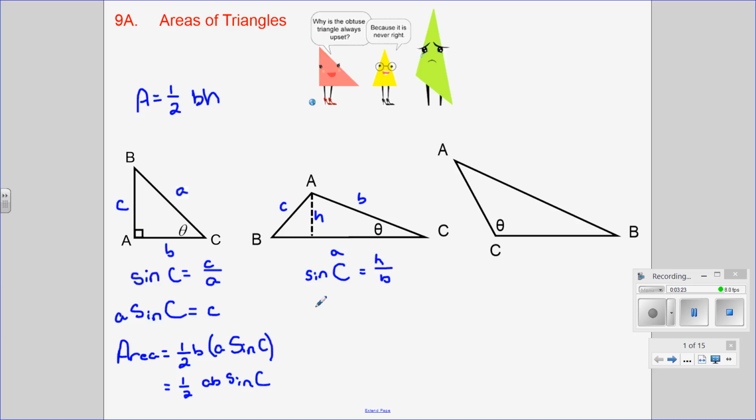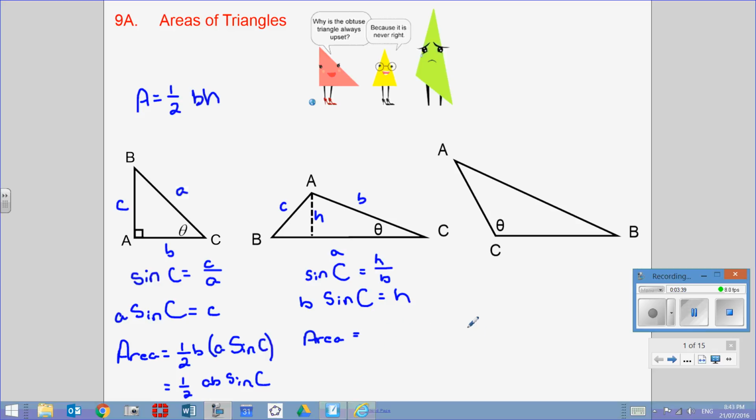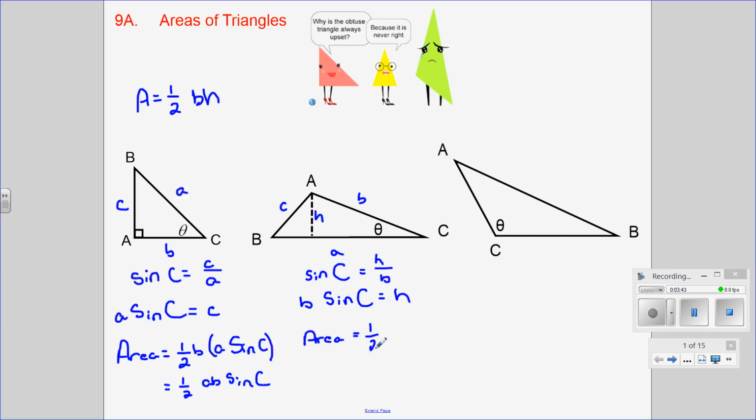So my height in this case would be little b times sine of big C. Now when I use my area formula, I'm going to have 1/2 the base times the height.